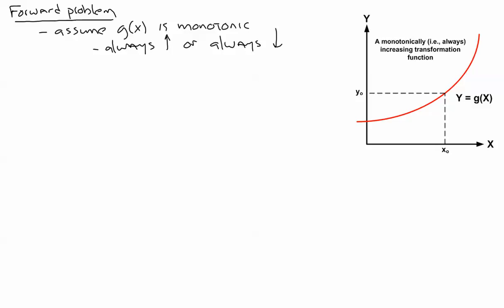Okay. For a monotonic function, for each x value, there's only one corresponding y value.